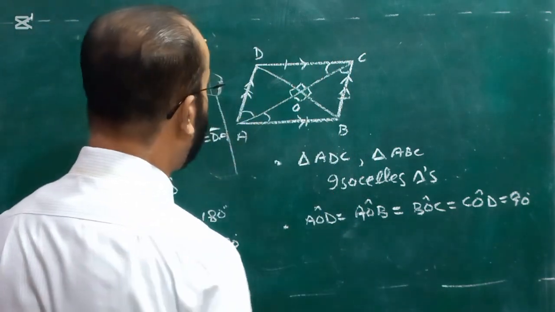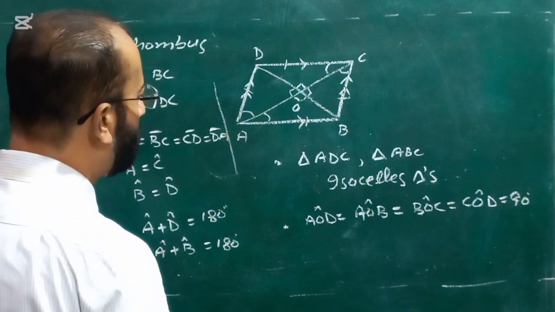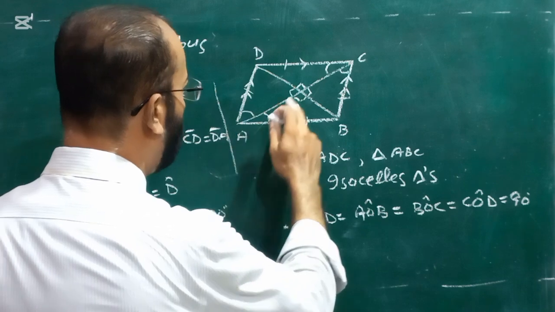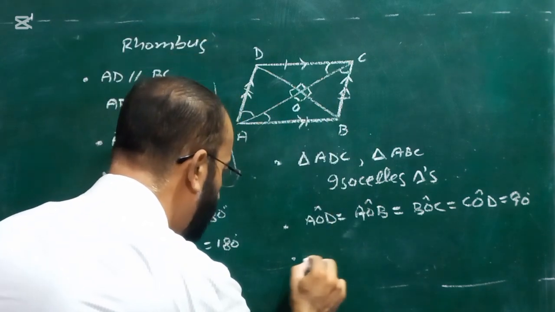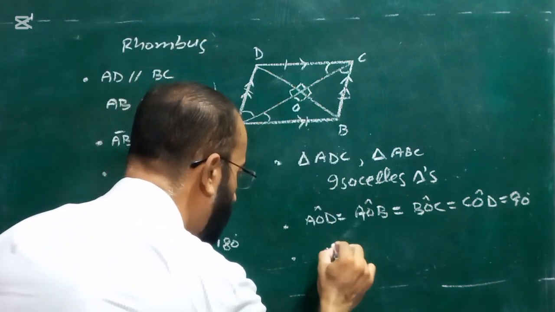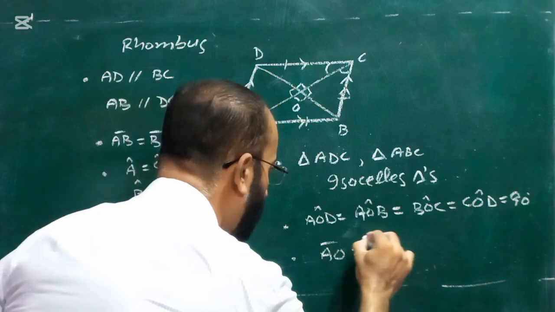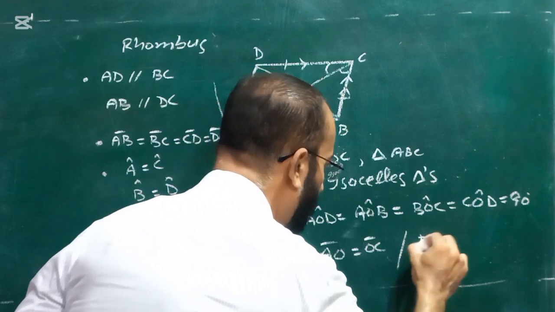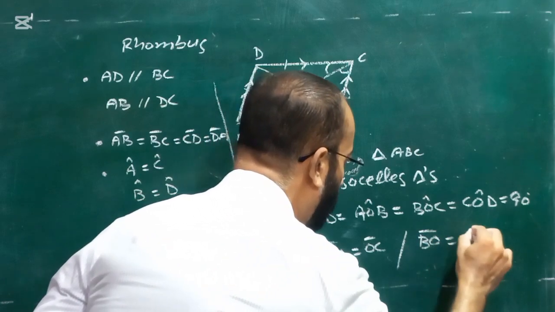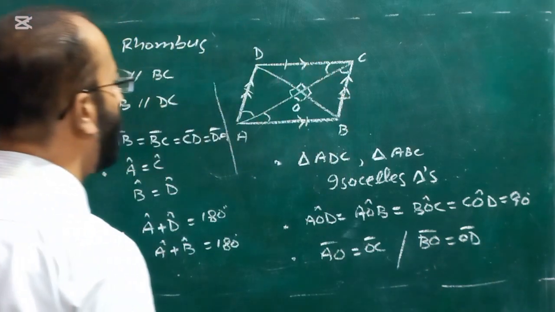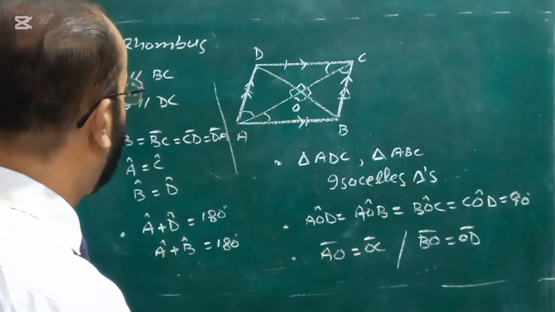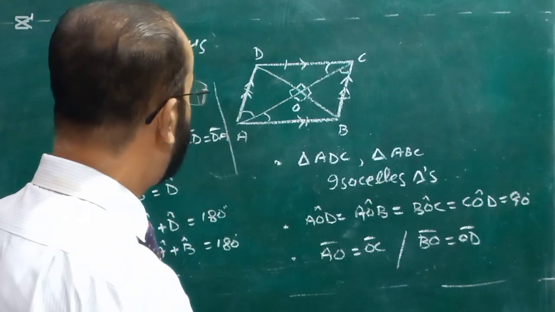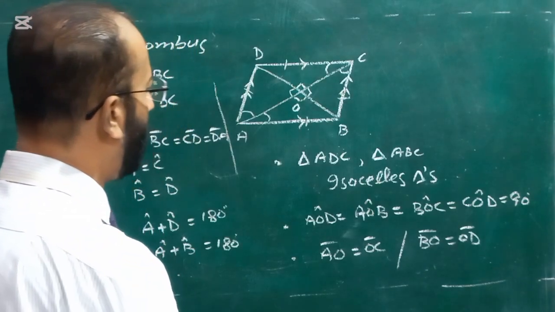So all these angles will be 90 degrees. Moreover, the diagonals bisect each other. So it means AO will be equal to OC and BO will be equal to OD. So these are the properties which are applied in the figure.